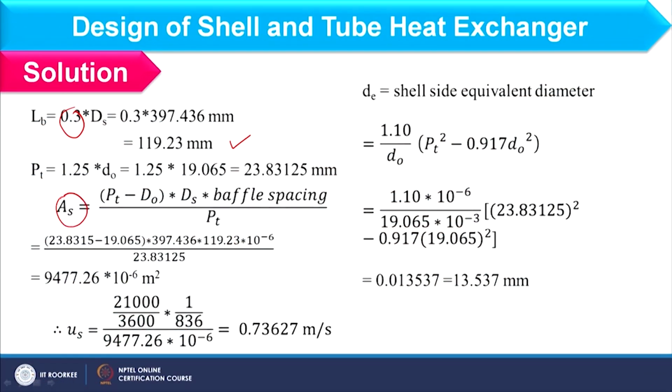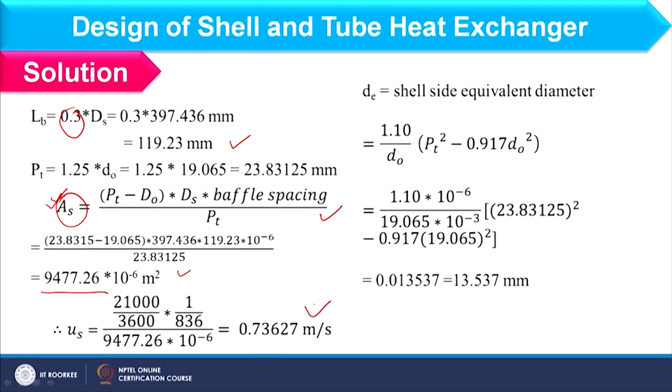Considering this, we can find out cross flow area in shell side. This Pt minus d naught into ds into baffle spacing, this expression we have already discussed, and As value we can obtain as 9.477 into 10 power minus 3 meter square.